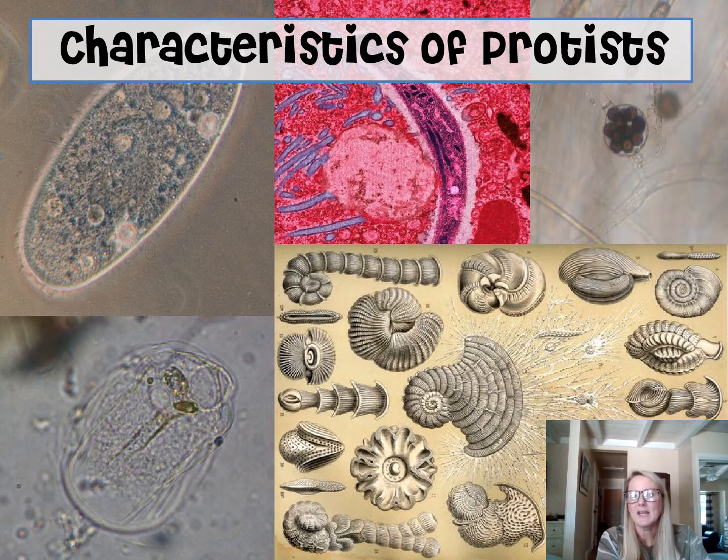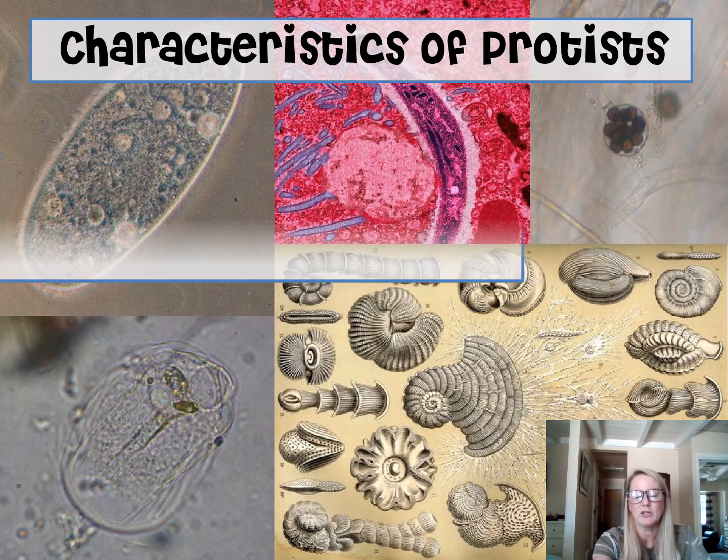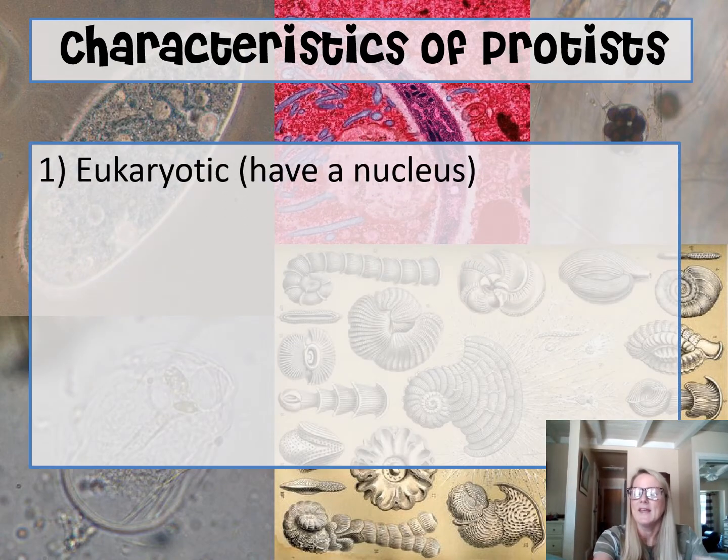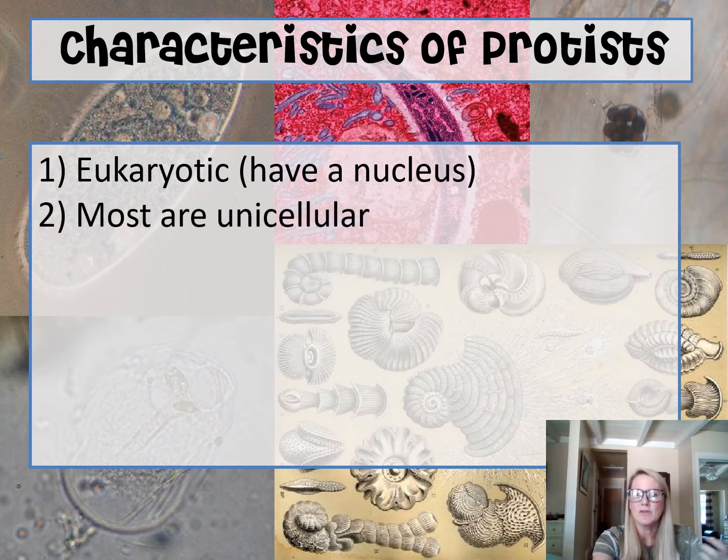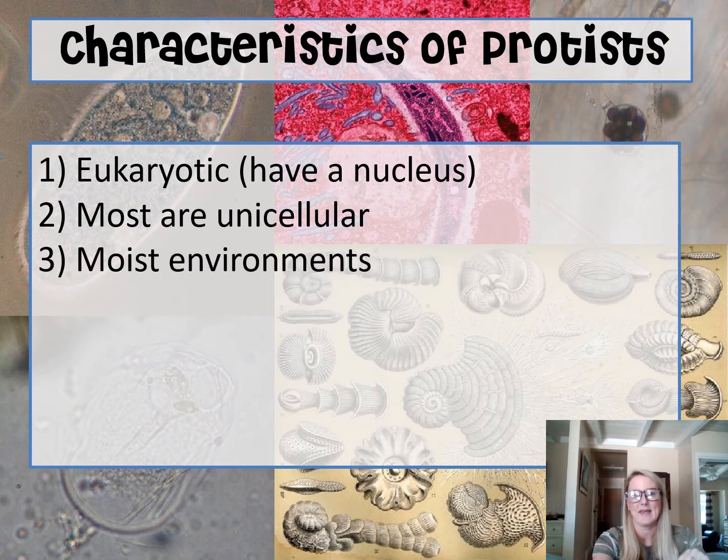Some common characteristics of protists, which is what Euglena is: number one, they tend to be eukaryotic. That means they have a true nucleus as well as organelles and are compartmentalized in the cell. Two, most of them are unicellular, so that means they're made up of just one cell.